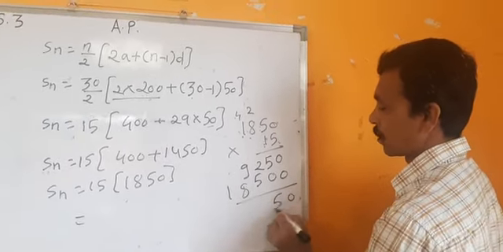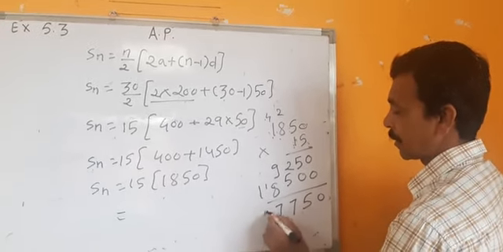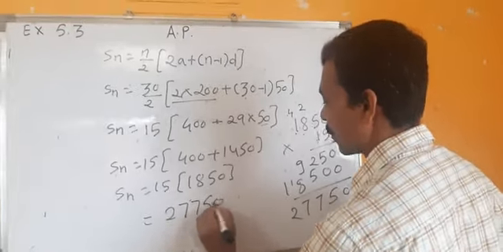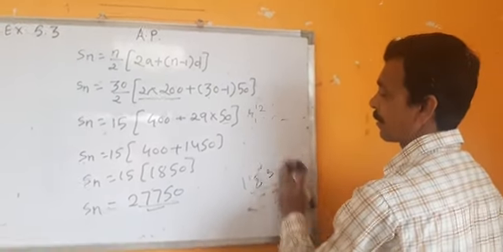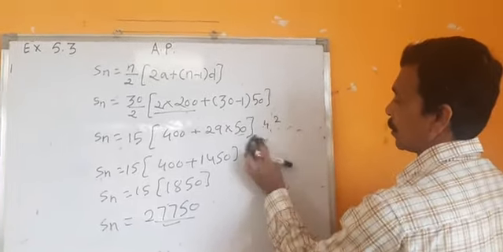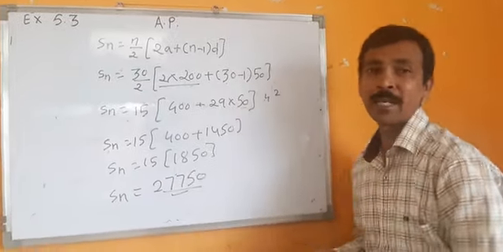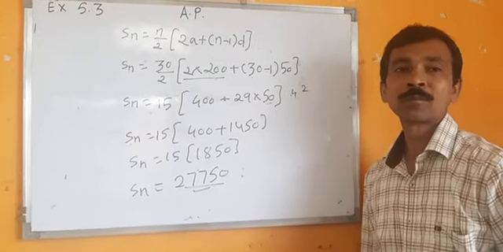This is 0. 5. 5 plus 2, 7. 8 plus 9, 17. It is 27750. This is the answer. 27750 is the penalty that the contractor has to pay if he delays the work by 30 days. Right?